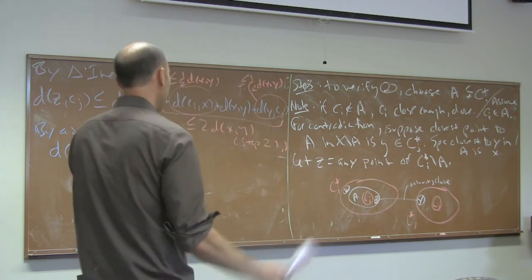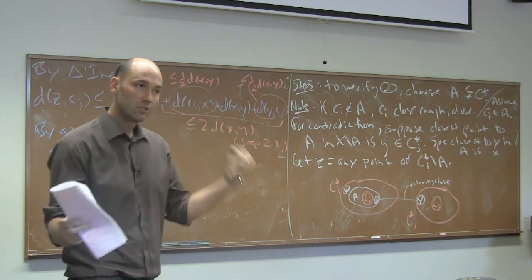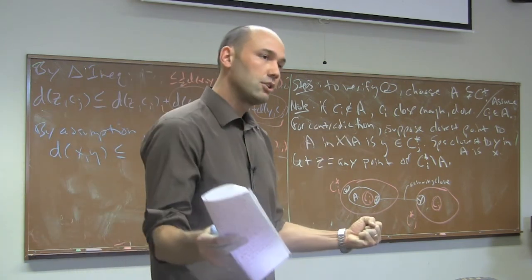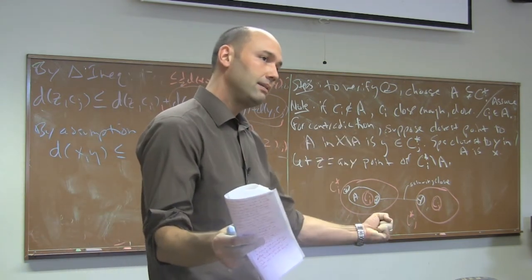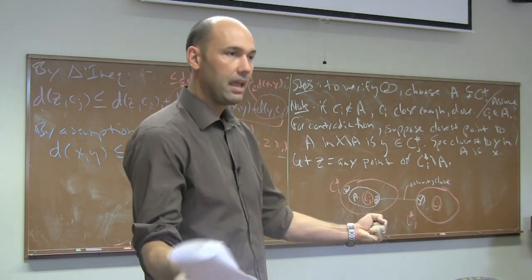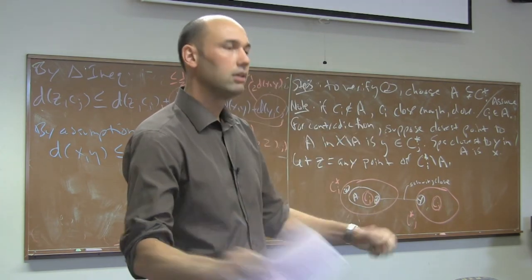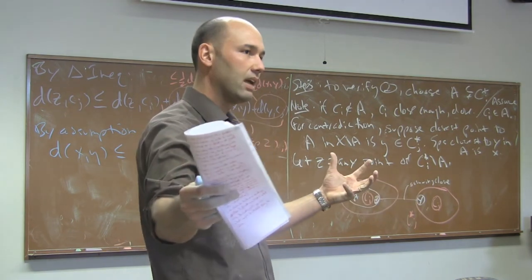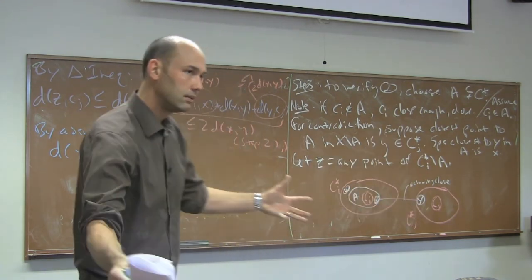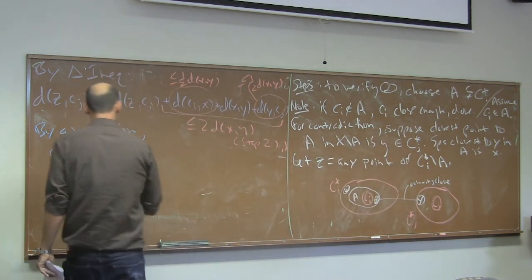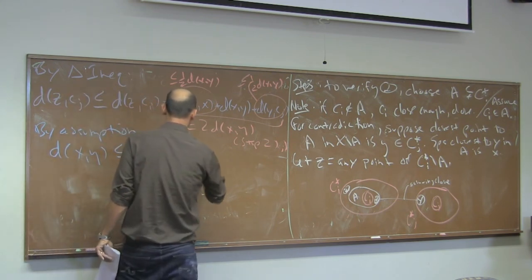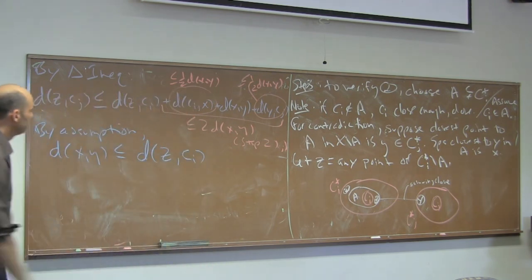So CI and Z, summarizing, is a particular choice of a point in A and a point outside of A. X and Y, by definition, are, amongst all points in A and outside of A, the pair that minimizes the distance. So dxy is at most dzci.